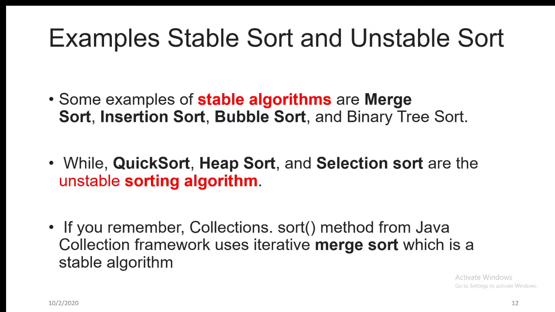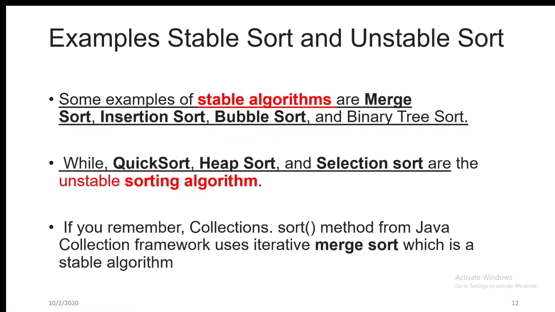In other words, stable sorting maintains the position of two equal elements relative to one another. If you remember, the Collections.sort method from the Java collection framework uses iterative merge sort, which is a stable sorting algorithm. So these are the examples of stable and unstable sorting algorithms, and we have discussed them finally.